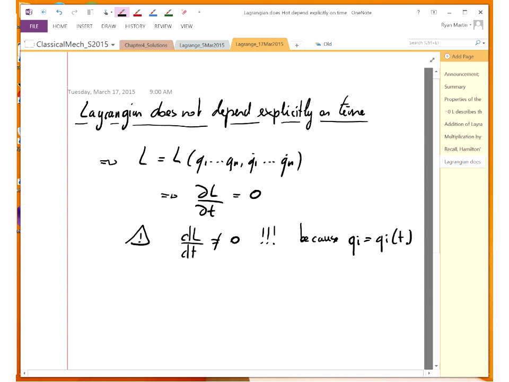So if you wanted to do the total time derivative, you'd have to use the chain rule. And then of course the Q's depend on T, so you end up with a bunch of Q dots and Q double dots. So when we say the Lagrangian doesn't depend explicitly on time, it means that the letter T does not appear in the expression for L. So if you do the partial derivative of L by T, you get 0. But that does not mean that the total derivative dL by dt is 0.